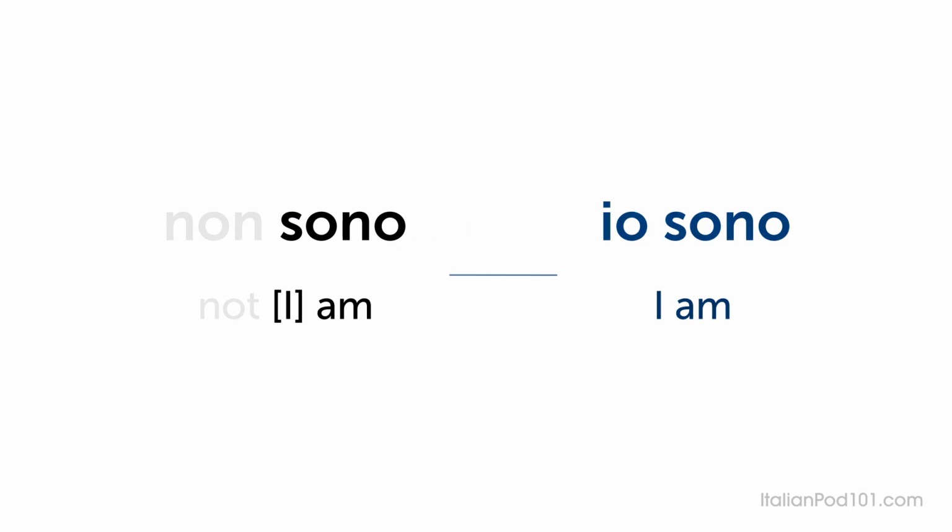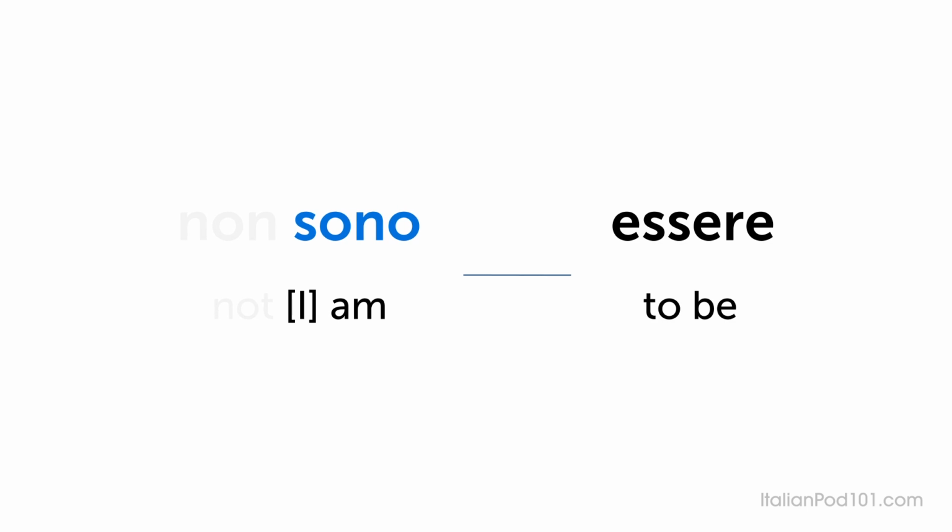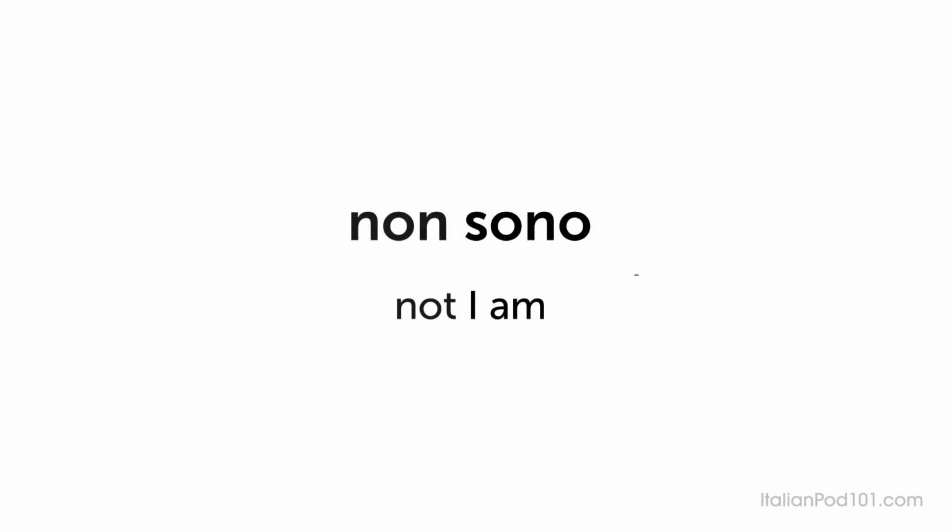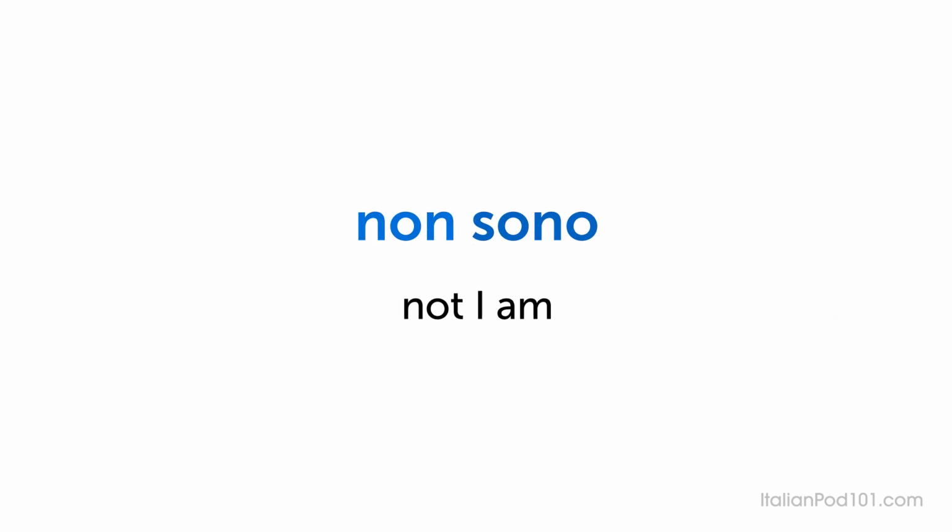In Italian, Io, I, is usually omitted as it's understood from context. Sono is from the verb Essere, meaning to be. Together, it's Non sono, literally not I am, but it translates as I'm not.